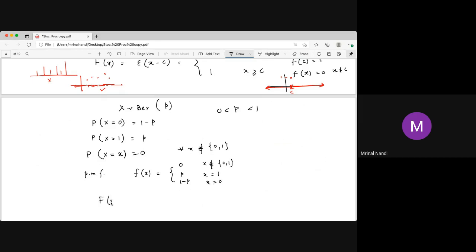That is the mass function. What is the distribution function? The distribution function clearly is this. It takes the values 0, 1 minus p, and 1.